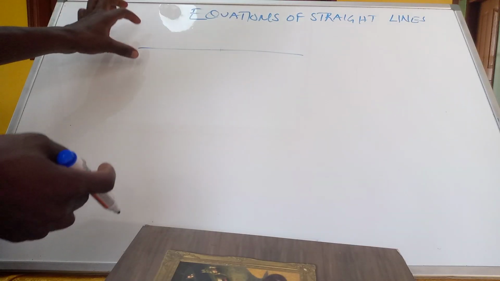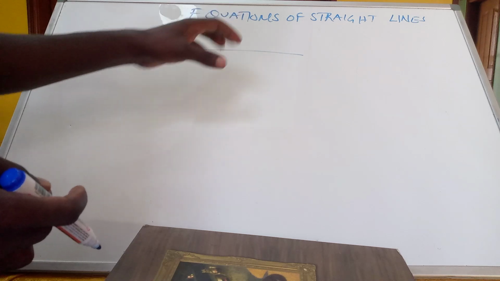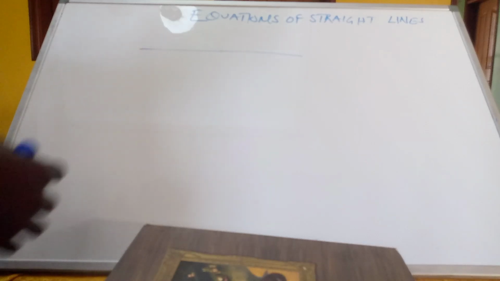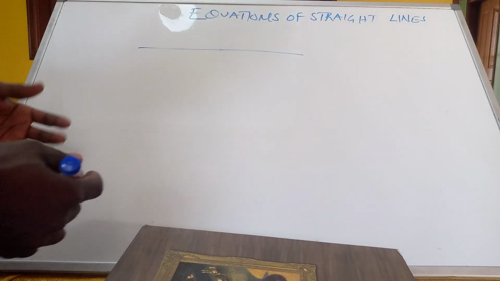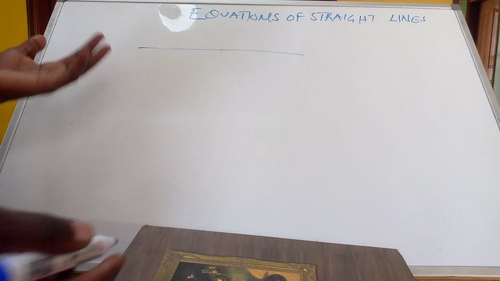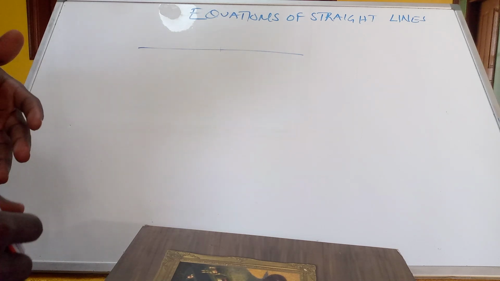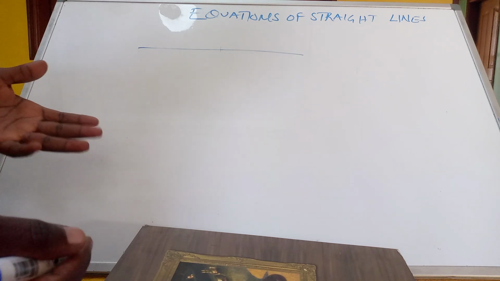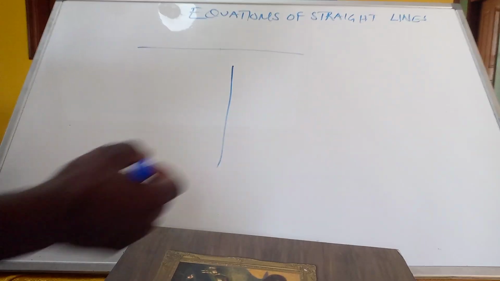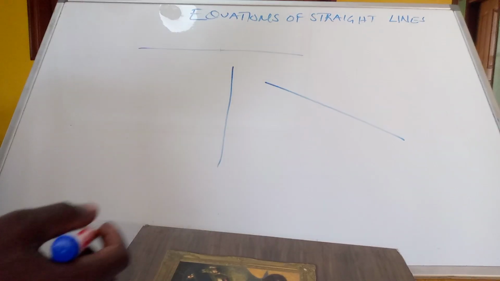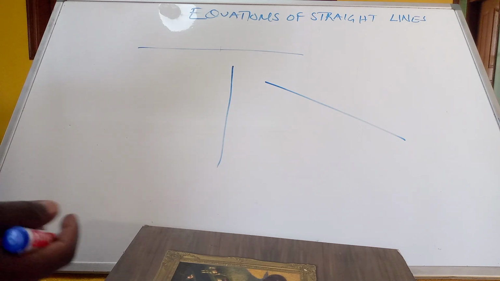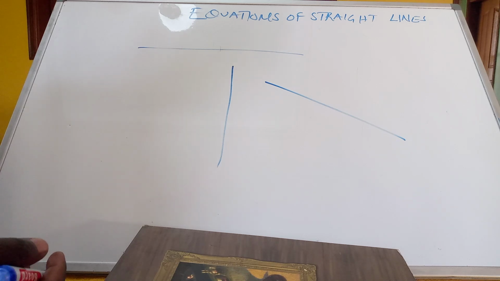This line is made up of very tiny points, which are always in a row form, but there are those which are also in vertical form. Therefore, straight lines can be horizontal, can be vertical, and at some point, a straight line can be at an angle. Mainly, that's what we can define by a straight line.